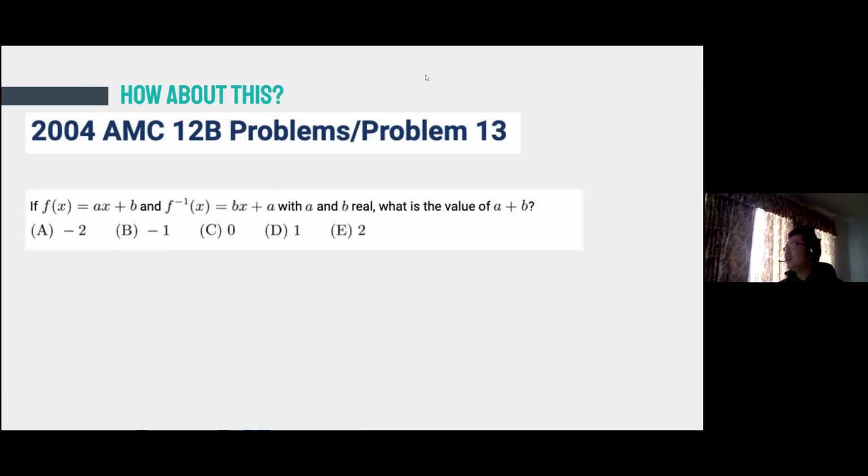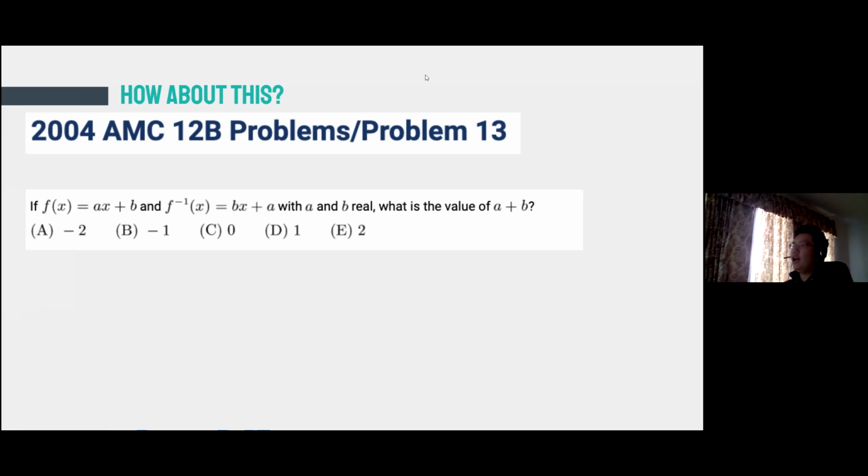Another question that is, I think, also made by Xiao. By the way, we've basically covered everything there is to cover about basic functions now, and then we'll move on to a few problems that we'll see later as well.